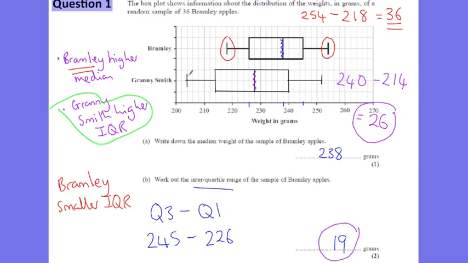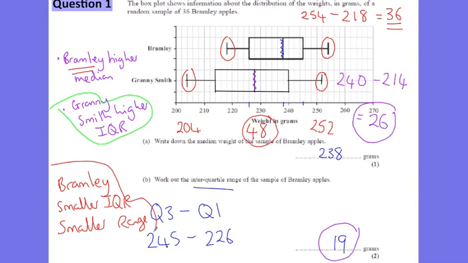When we look here at our range, we're going from 204 all the way up to here at 252. So our range is significantly bigger at 48. So again, the Branbury apples have a smaller interquartile range and a smaller range. Our answer there for part E.